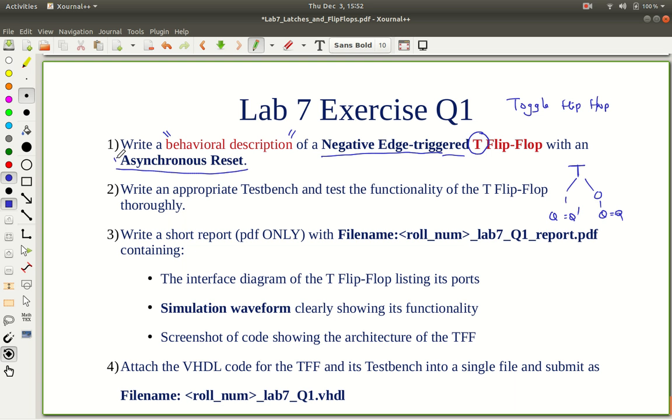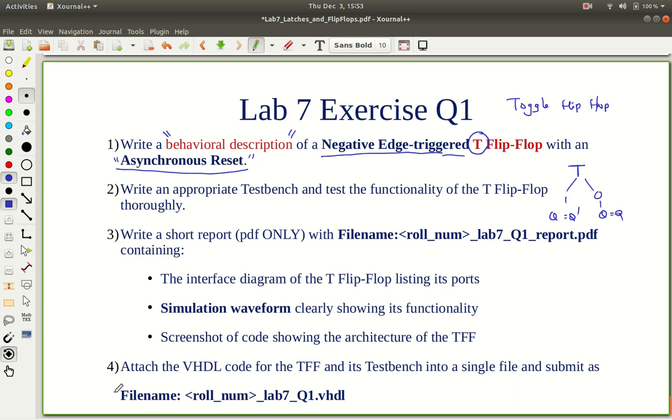So you have to write a behavioral description and write an appropriate test bench that tests all possible cases. So when the clock edge arrived, T was 0 or T was 1, and T changed in between the clock edges, reset was 1, reset was 0, all these conditions it should test properly. And you are asked to submit 2 files.